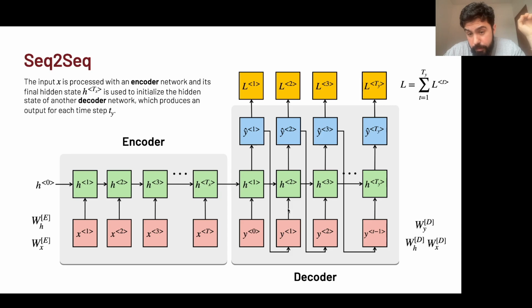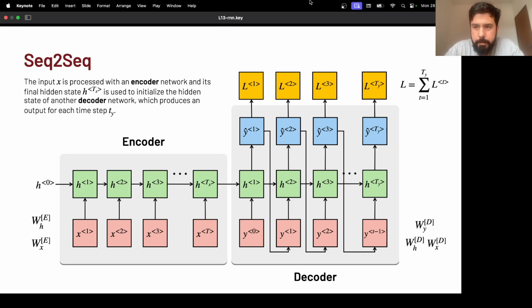And then it repeats the process: it updates the hidden state and outputs, hopefully, "livro". And then it keeps doing that until you reach the end of the sentence, which in practice we do, again, using that special token EOS, end of sequence. If you find the token, then you are done with decoding, and you can compute your loss, which again is just summing the losses of every time step.